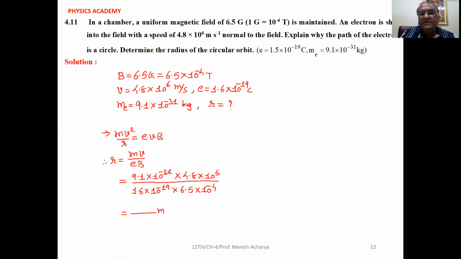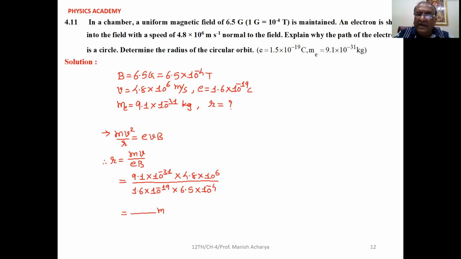Because the force acts on the charge Q in a uniform magnetic field B, that is Q into V cross B, where V is the speed of the charge. So the force will be perpendicular to the velocity and the magnetic field both. When the force is perpendicular to the velocity, the particle will execute circular motion.